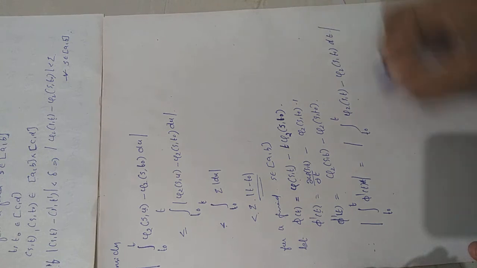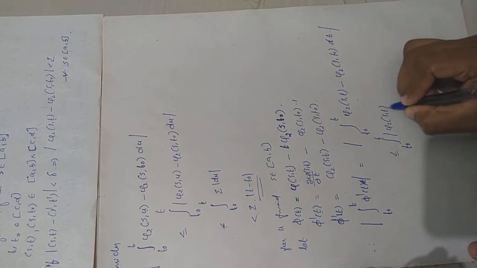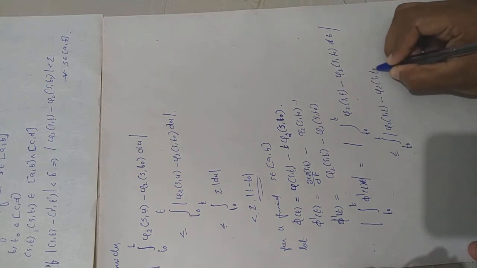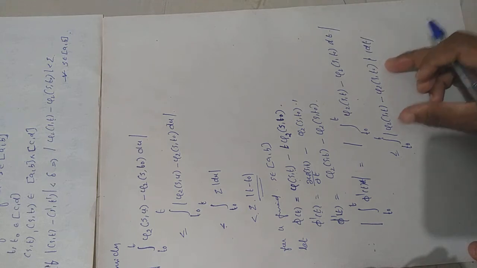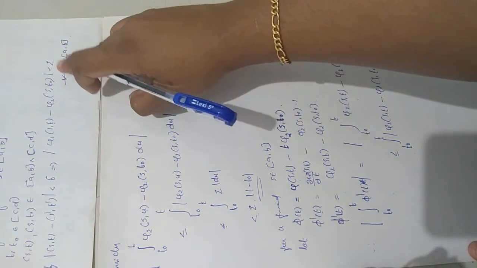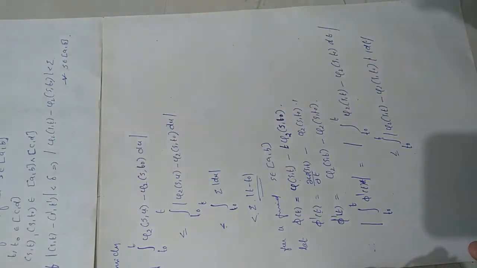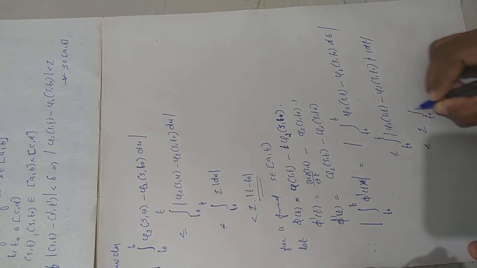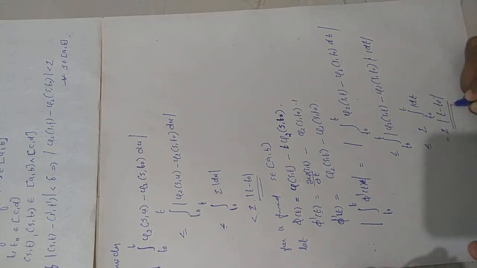This will be less than or equal to the integral from t naught to t of modulus of psi 2 of s comma t minus psi 2 of s comma t naught mod dt, and this quantity is less than epsilon. We have assumed this is epsilon due to the uniform continuity of the function psi 2. So this is less than or equal to epsilon times the integral from t naught to t of mod dt, which equals epsilon times modulus of t minus t naught.